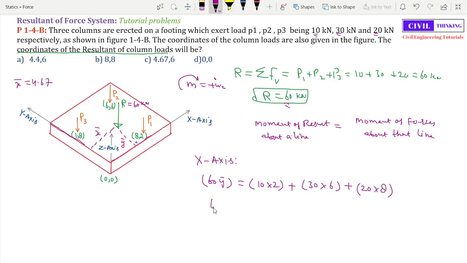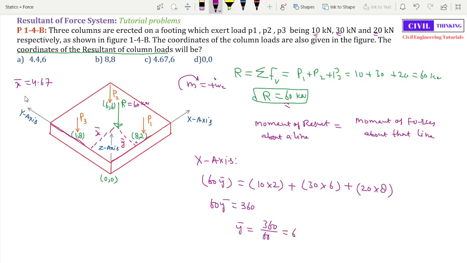So 60 y bar is equal to, let me use a calculator, 10 multiplied by 2 plus 30 multiplied by 6 plus 20 multiplied by 8. It is 360. So from here I get the value of y bar to be 360 divided by 60, which is 6.